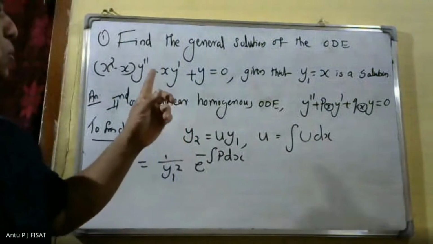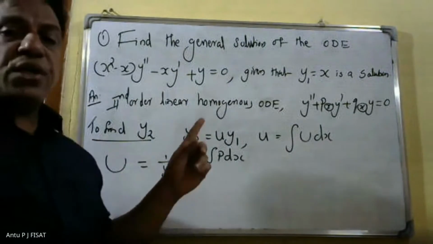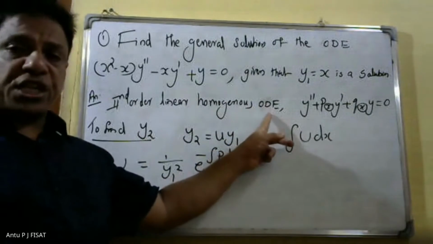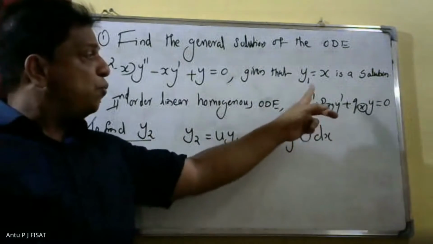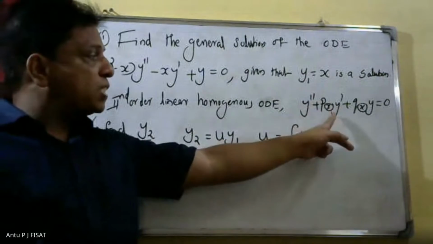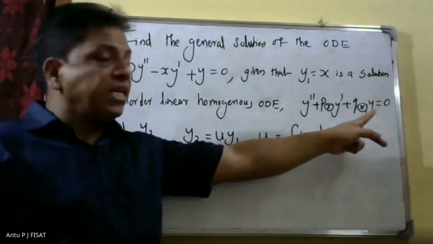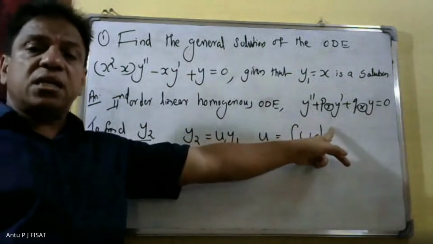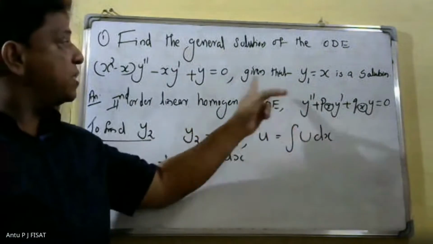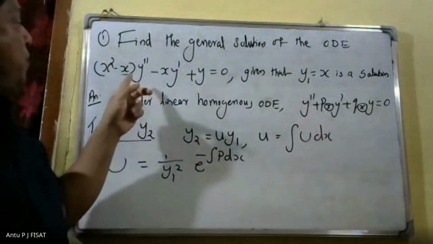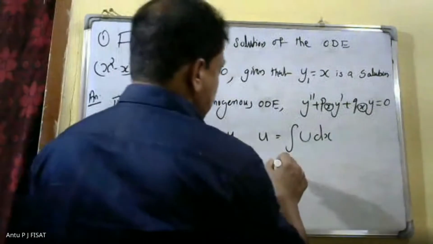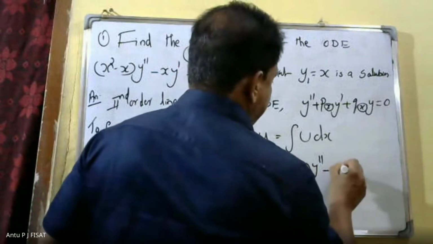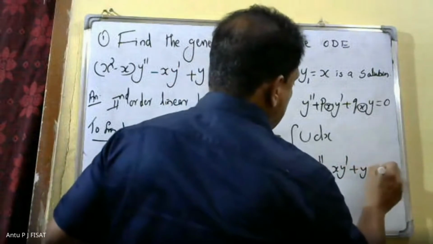To solve this problem, first we understand that the standard form of a second order linear homogeneous ordinary differential equation is y'' + p(x)y' + q(x)y = 0. First we compare the given problem with our standard form. The equation is (x² − x)y'' − xy' + y = 0.